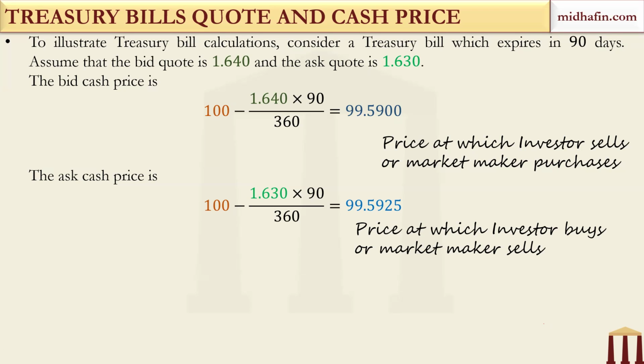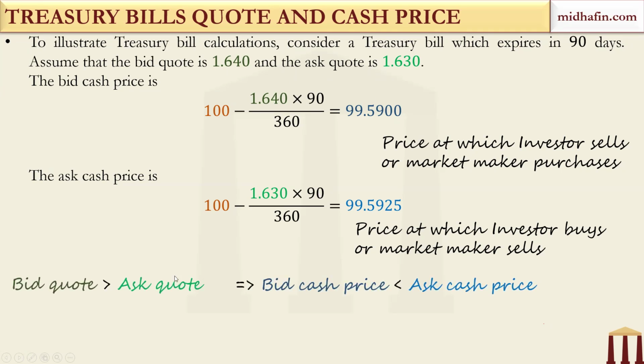In the examination, you have to be very, very careful if there are questions asking about bid and ask quotes or prices in general. You have to be careful from whose point of view the question is being asked. If it is asked from the market maker's point of view, then bid price is the purchase price and ask price is the sell price. And if the question is asked from the investor's point of view, then bid price is the selling price and ask price is the buying price. So that's the catch here.